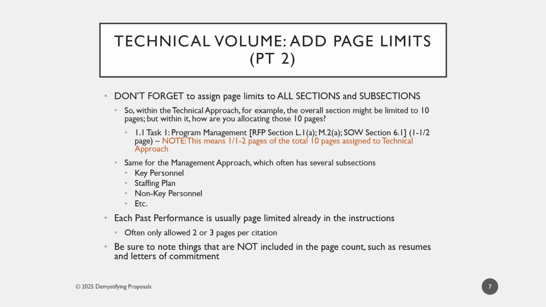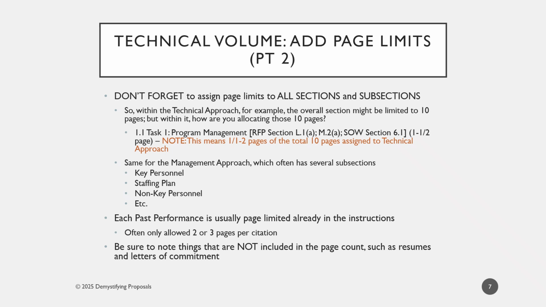And then past performance is usually already page limited in the proposal instructions. Often you're only allowed 2 or 3 pages per citation. Be sure to note also things that are not included in the page count, such as resumes and letters of commitment.